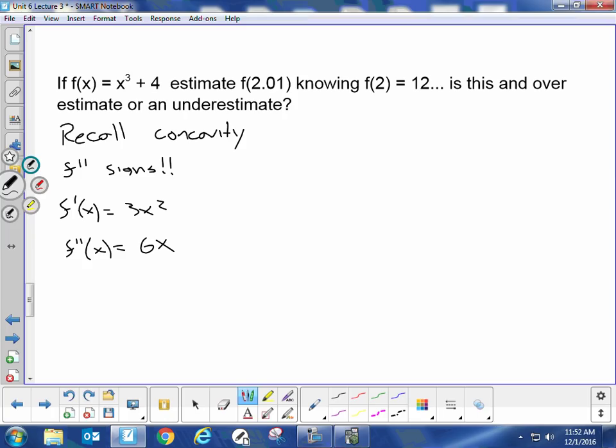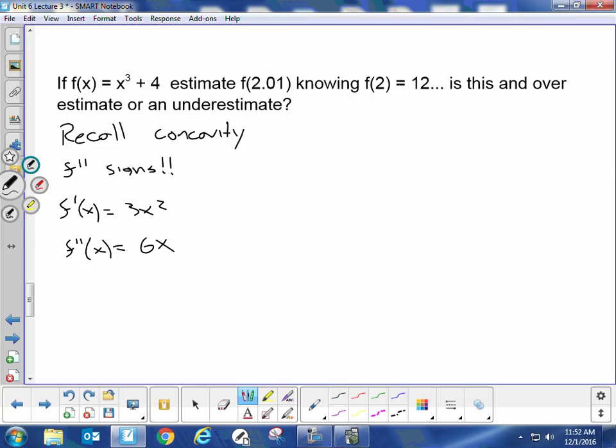Now, I don't have to do the entire analysis that I did in Unit 4 when I asked you to find points of inflection and when things are concave down or concave up. Really, I just need to look at between 2 and 2.01. Really, we should make sure that the function is increasing or decreasing, but we'll just assume that they will be doing the same thing and we won't have a max or a min between these 2 points.